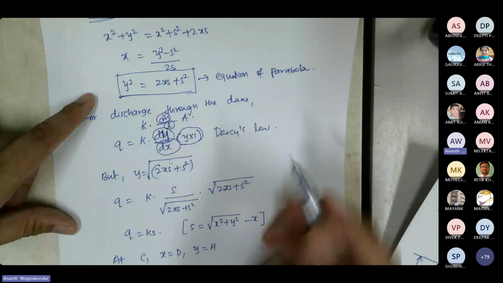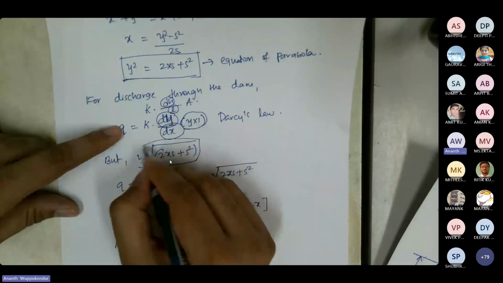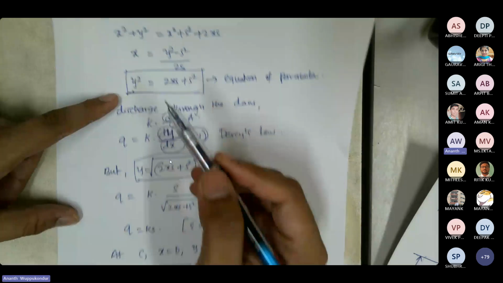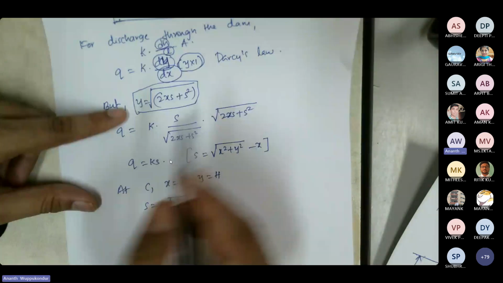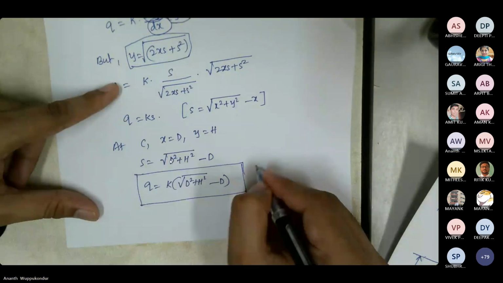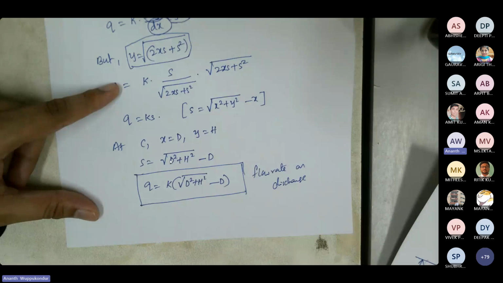Since we have an expression for y, you can replace this y with this x and s. And if you simplify this, you would get a relation for the flow rate or the discharge. So now we know the flow rate or the discharge through the seepage line.